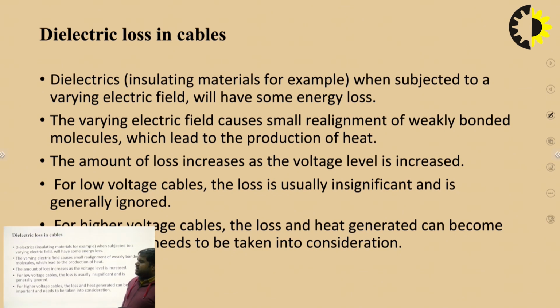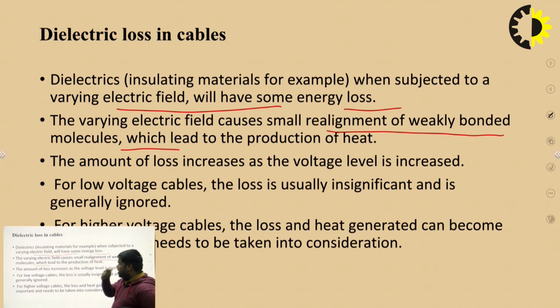And the other part is dielectric loss in cables. Dielectric, for example insulating materials, when subjected to a varying electric field, will have some energy loss, which is seen as dielectric loss in cables. The varying electric field causes a small rearrangement of weakly bonded molecules, which leads to the production of heat.